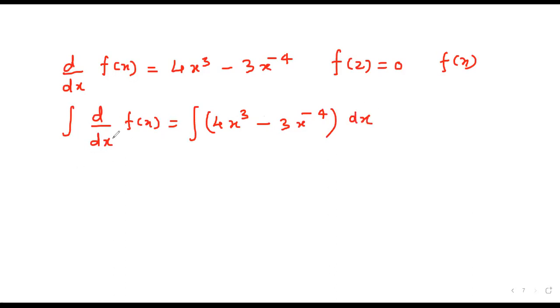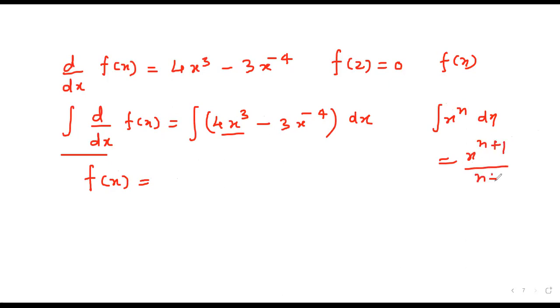So integration of d upon dx, these two terms will cancel out and we will get f(x) equal to integration of this. So that rule, x power n integration dx gives x power n plus 1 divided by n plus 1.